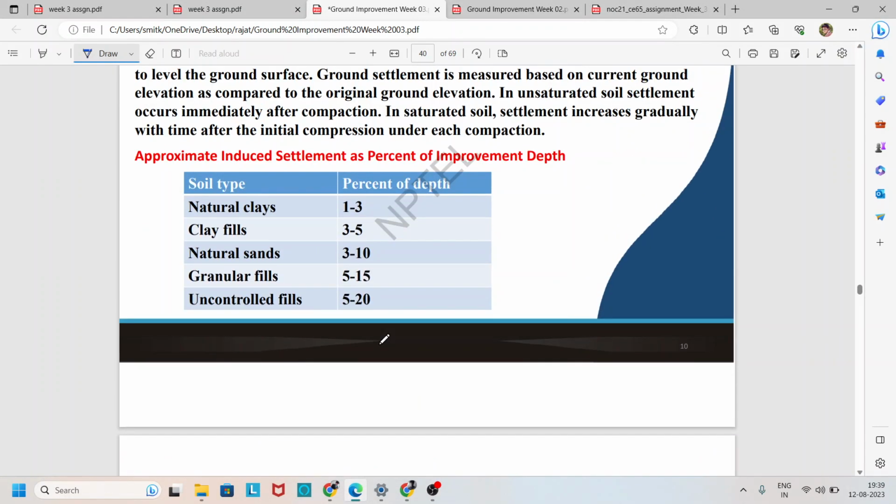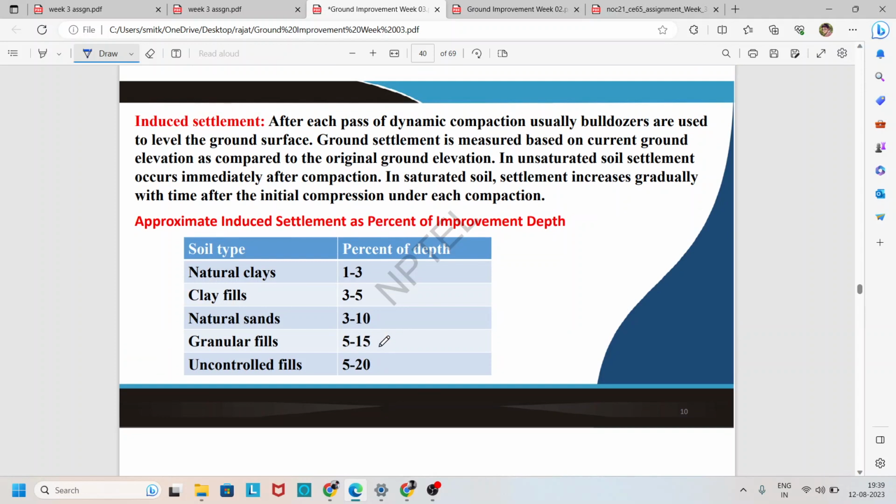So in the next slide, it is for the induced settlement. After each pass of the dynamic compaction, usually a bulldozer or something is used to level the ground. That means when we apply the tamping, depressions occur.